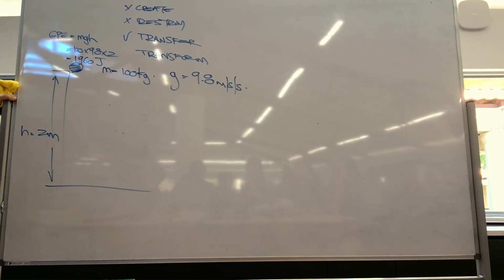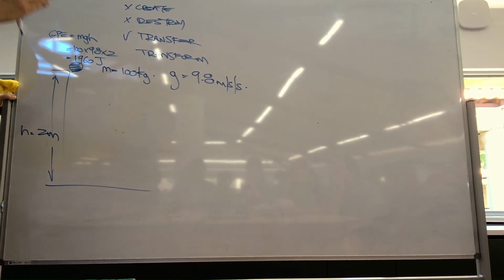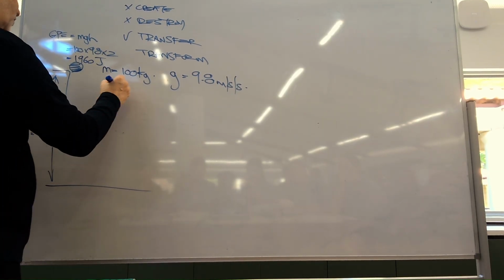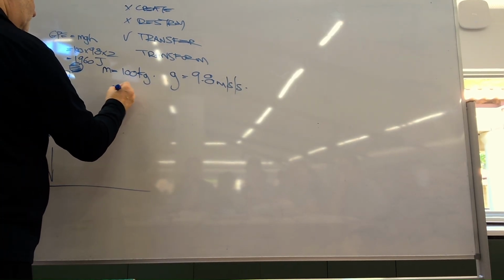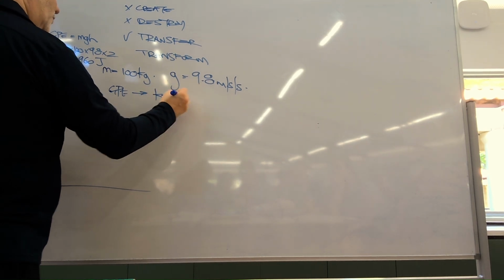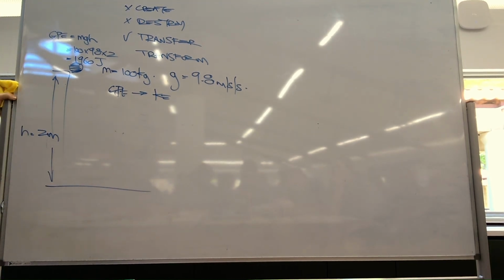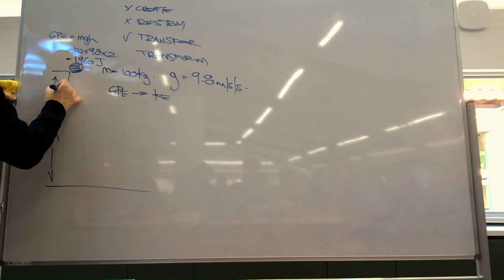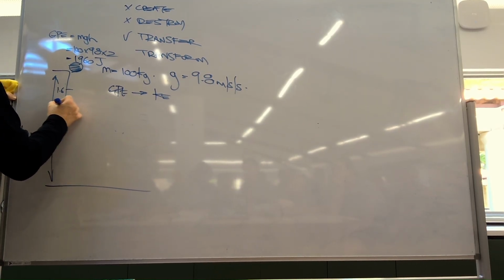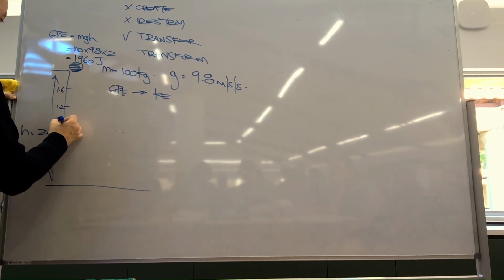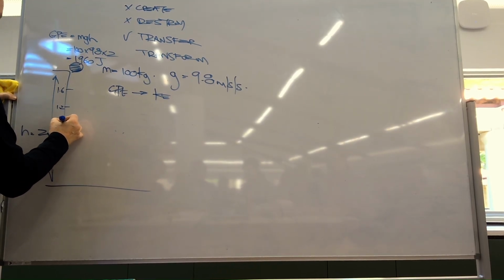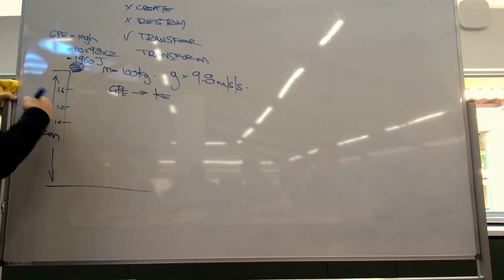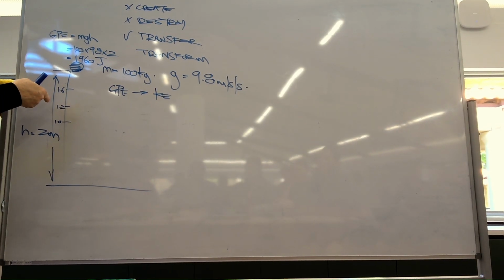As it falls, it converts the energy into kinetic energy. So GPE will get converted into kinetic energy as it falls. Let's do at 1.6 meters, at 1.2 meters, let's go halfway, 1 meter.